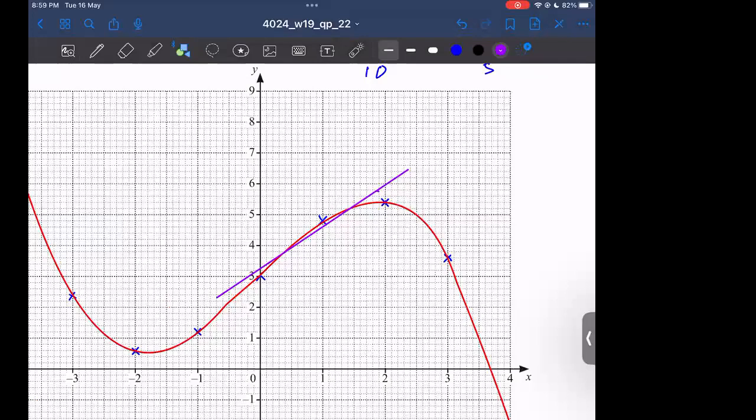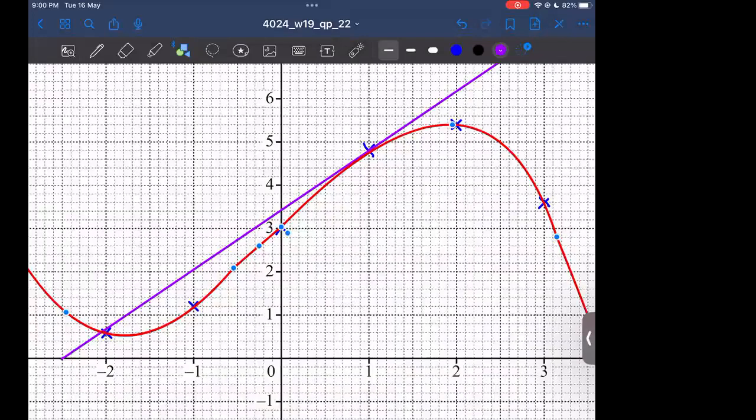So this is the tangent of this graph at 1 comma 4.8.